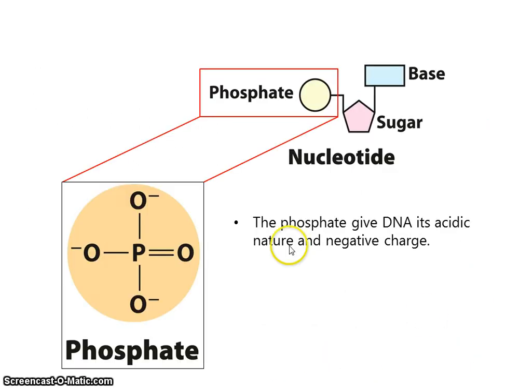The phosphate group is just this structure, and this is where we get the overall negative charge of DNA. The phosphate is what gives DNA its acidic nature, why it's a nucleic acid.